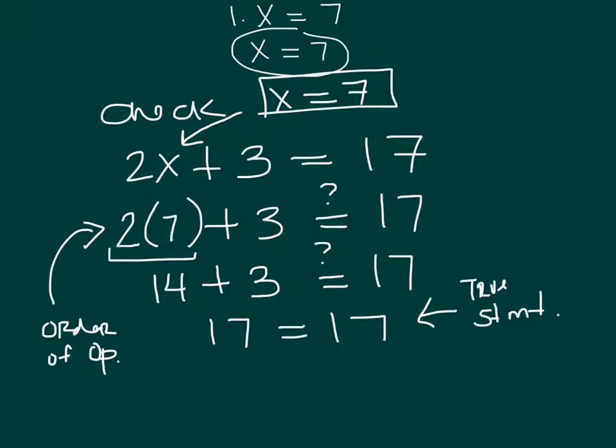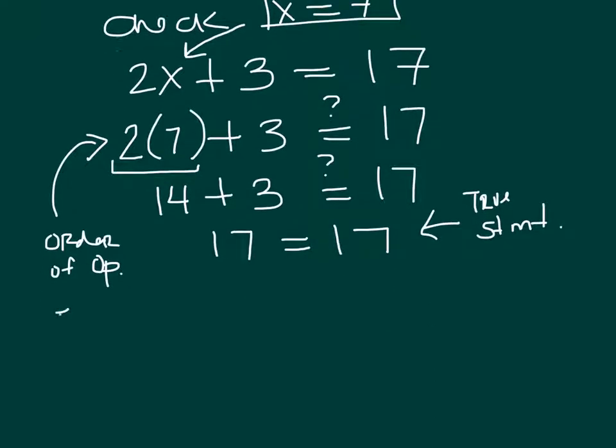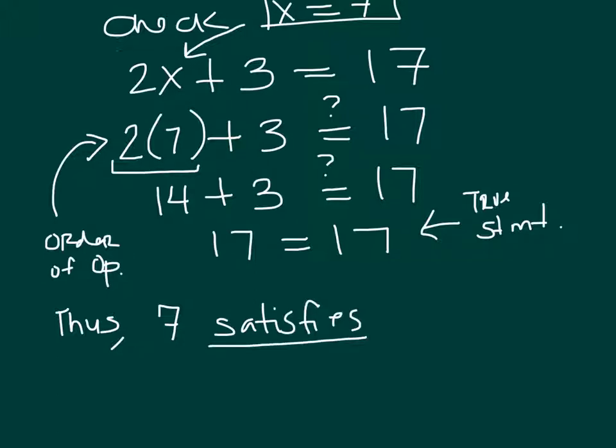Therefore, 7 satisfies, it's a math term, satisfies the equation 2x plus 3 equals 17. Meaning if I substitute 7 into that equation, I'm going to generate a true statement.